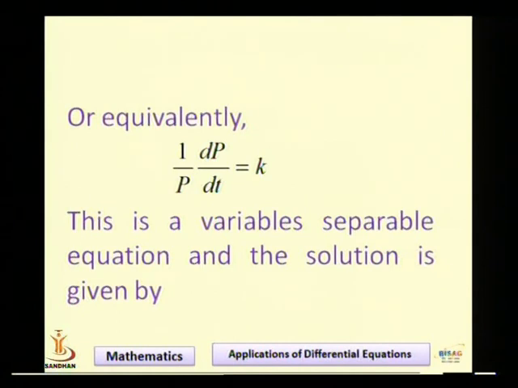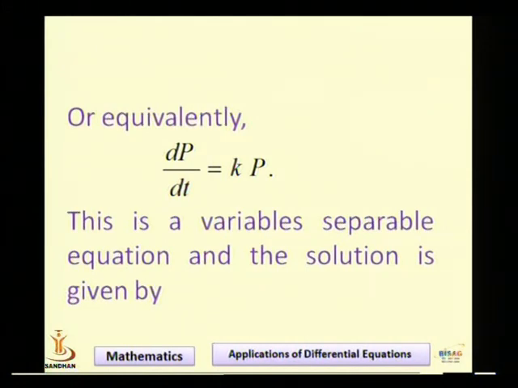Now if the rate of growth is a constant, you can write it in the form 1 by P dP by dt is equal to K, or dP by dt is equal to K into P. So you can see that this is a first order equation. This is a variable separable equation also.